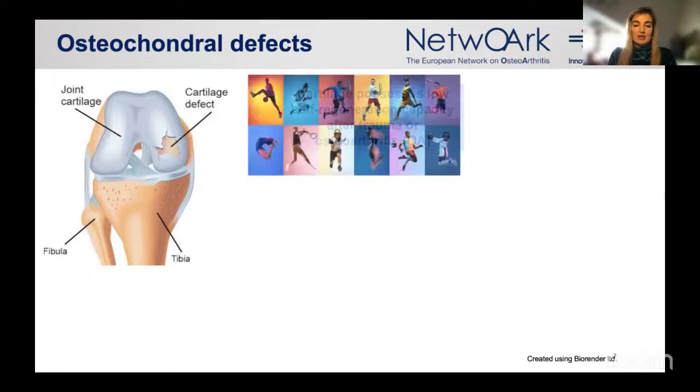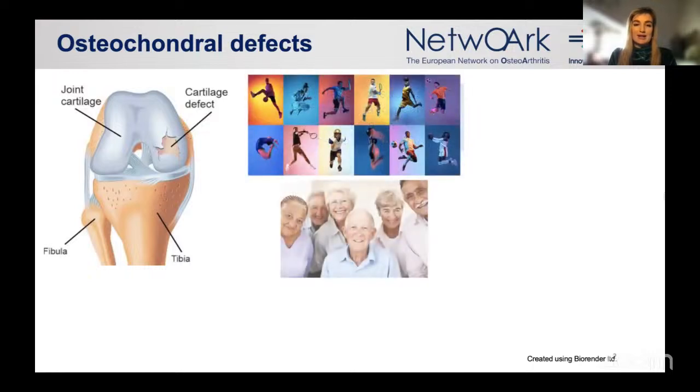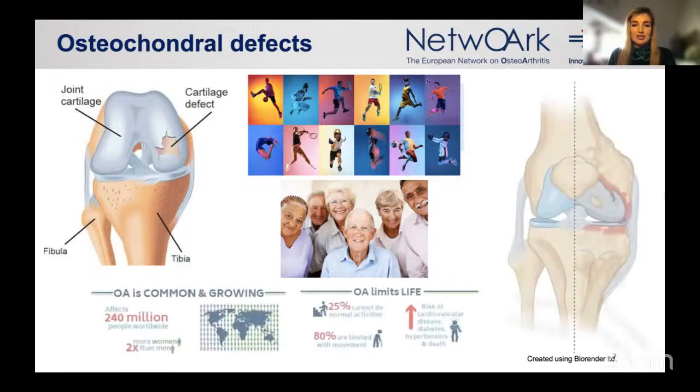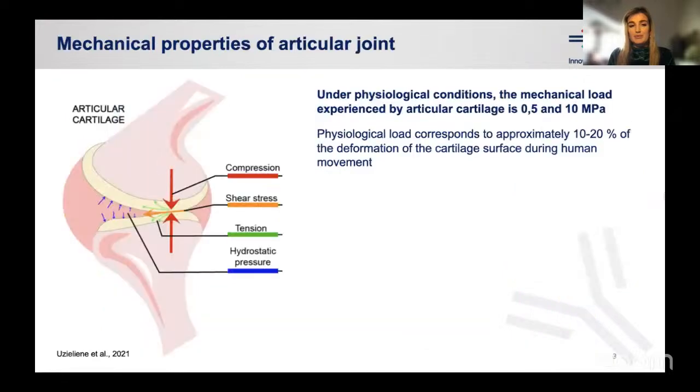It is most common in athletes, in the elderly population, and also in youngsters who do a lot of tricks. If not cured or repaired properly, these defects lead to diseases such as osteoarthritis, which are very common nowadays, and the burden of OA grows, with a lot of people suffering from it in the world.